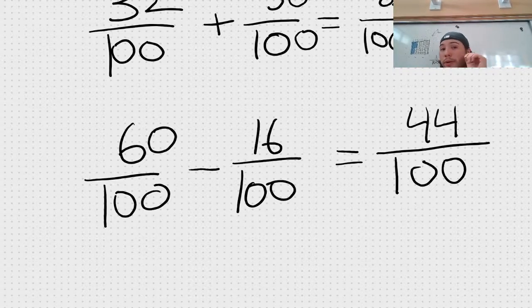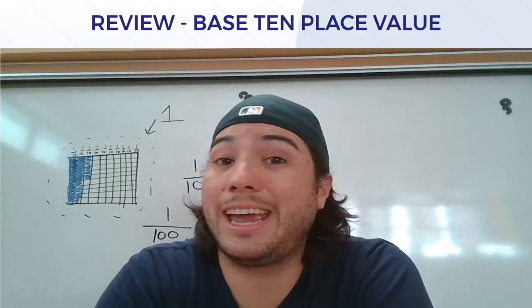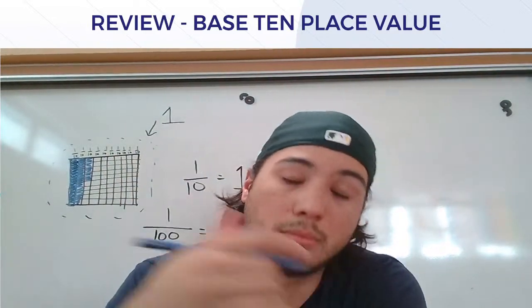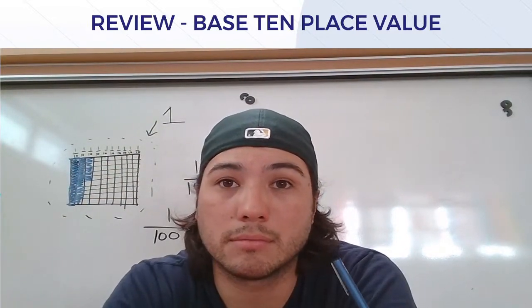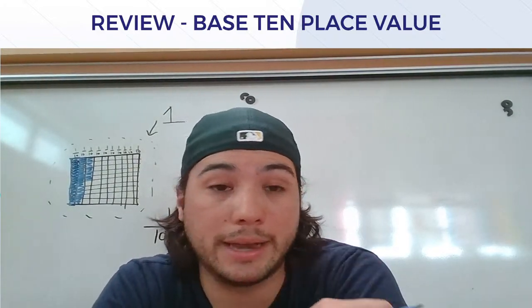So the big takeaway from this lesson is that with tenths and with hundredths, it's really a similar structure to the way we think about whole numbers. When you have 10 of a group, it moves to the next place to the left. If you need to decompose a group, it's 10 of whatever place to the right.